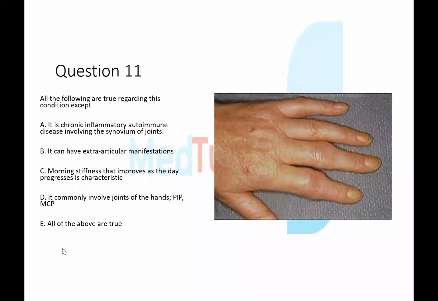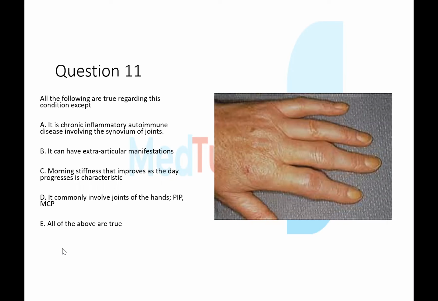Remember when I was telling you guys the other time that when it comes to rheumatoid arthritis, just say RAP MC. The P is PIP. And as you can see here, the PIP joints are all swollen, the proximal interphalangeal joint swollen, and the distal is normal, giving this kind of sausage appearance of the fingers.